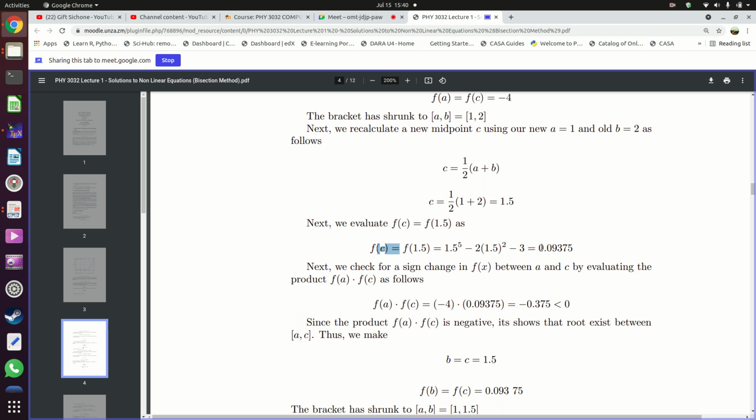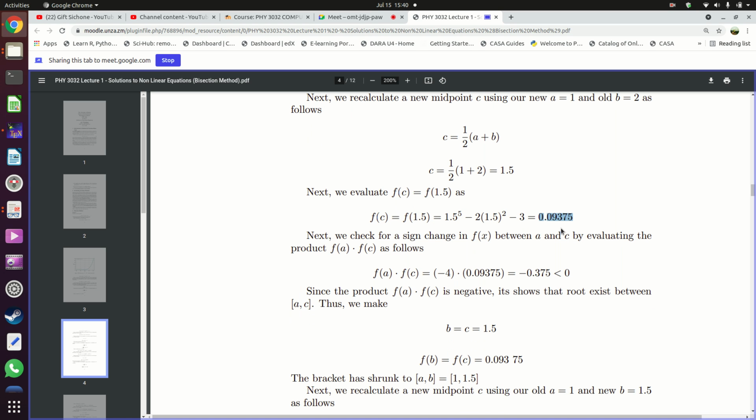This gives you 0.09375. That is the value of the function. As you can see, this particular f of c is positive. It's 0 point something, but it's greater than 0. Are we clear?